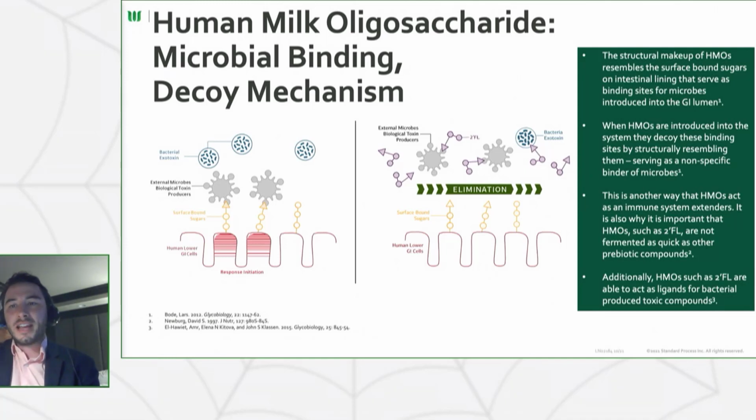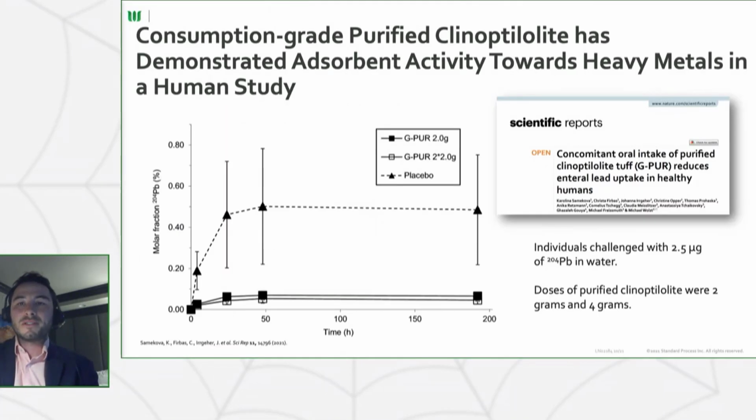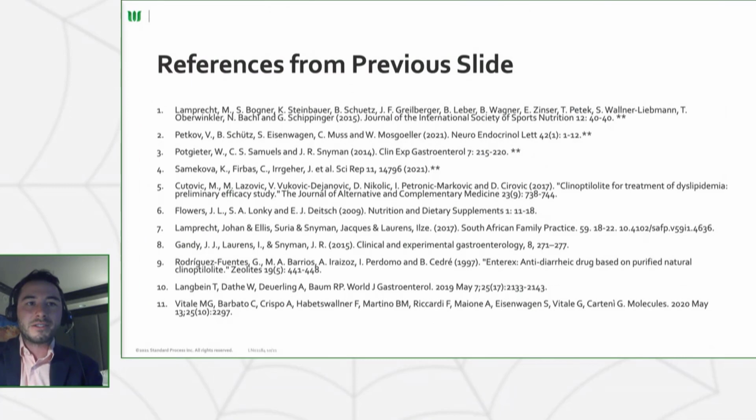A lot of the Campylobacters and the E. coli, rotavirus, can confuse these human milk oligosaccharides for binding sites and ultimately be removed without causing their initial infections. So it's a really unique prebiotic compound that is now able to be derived from a fermentation procedure and utilized in dietary supplements for both adults and for children.